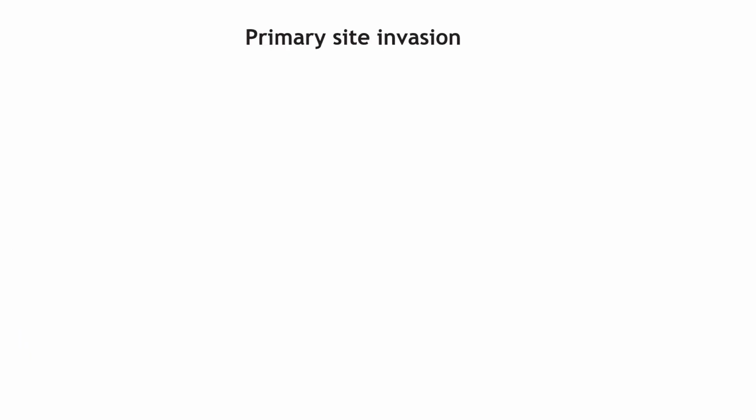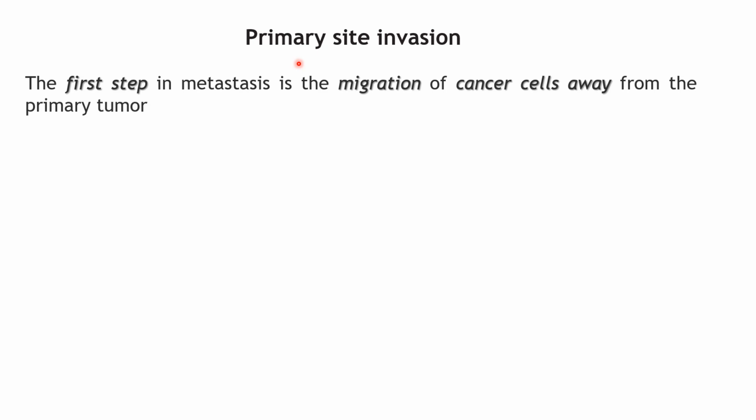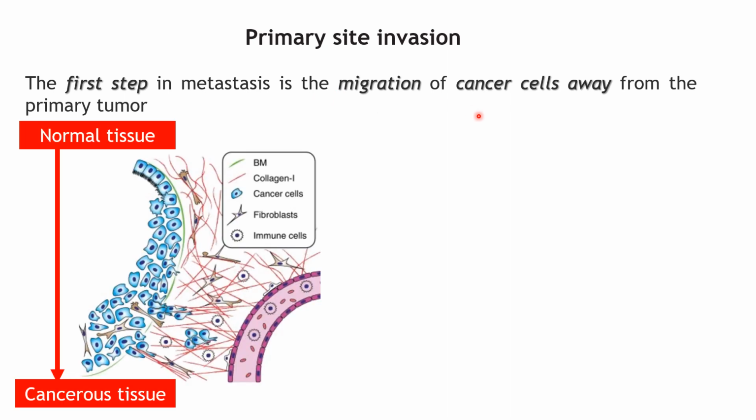Now let's start with this primary site invasion, and here we're going to talk more from a cellular biology and anatomy perspective. The first step in metastasis is the migration of cancer cells away from the primary tumor. Here you can see a schematic with a normal tissue and a cancerous tissue.